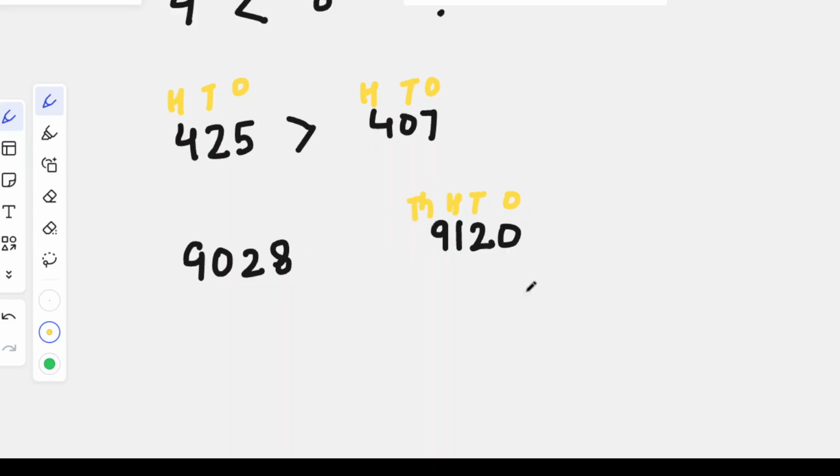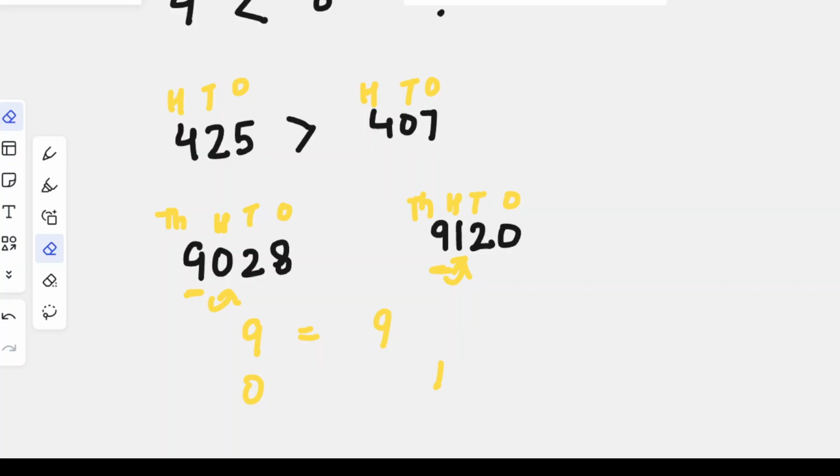They both are 4-digit numbers, so we have place value till 1000. But again we see at thousands place both the numbers have same digit. So to compare the numbers, we need to compare the digit next to them. So we have 0 at hundreds place in this number, and we have 1 at hundreds place in the other number. So 0 is not equal to 1, right?